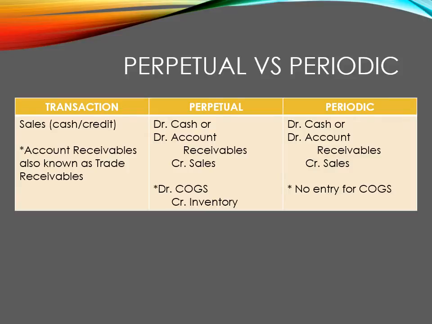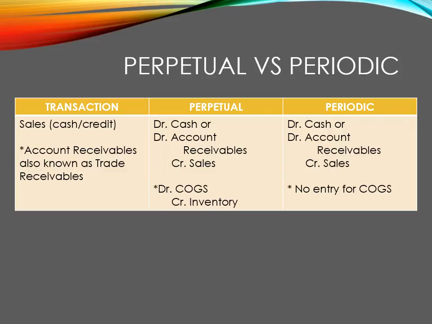If you sell the goods or the items, you will record at the sales price. I repeat, for sales transactions, when you debit cash and credit sales, you will use the sales price.